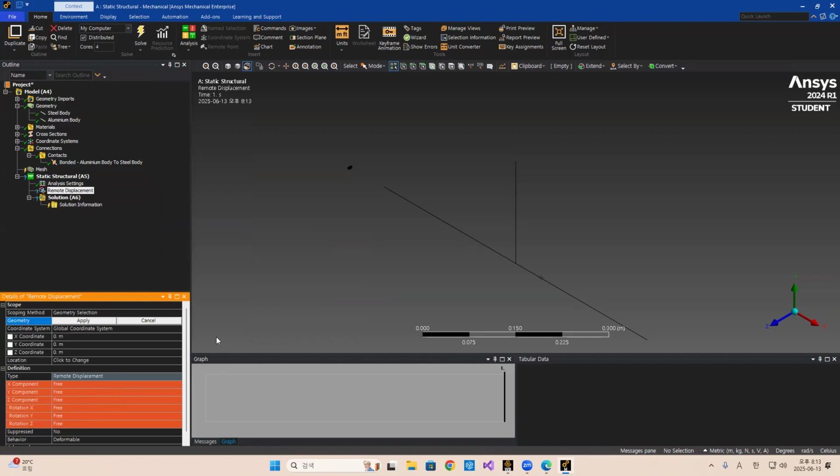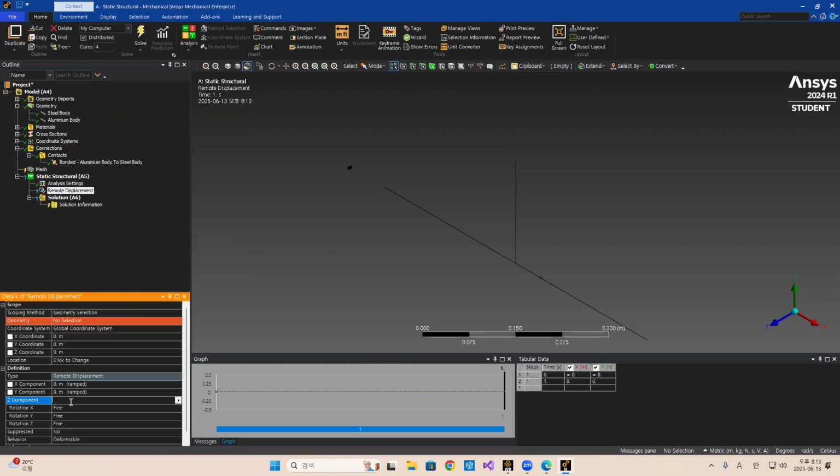Here the x component is not free, so zero displacement. Y component zero displacement, Z component zero displacement. And rotation is zero about the x axis, rotation about the y axis zero, and about the z axis, this one, it can rotate.